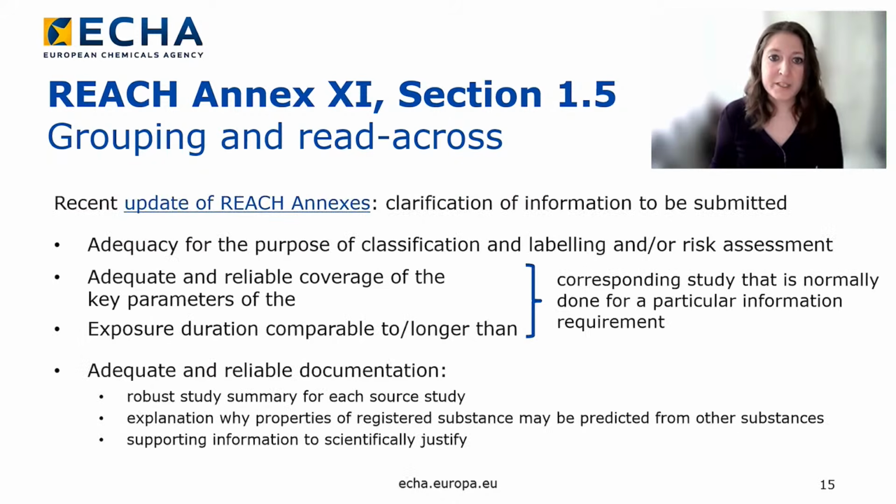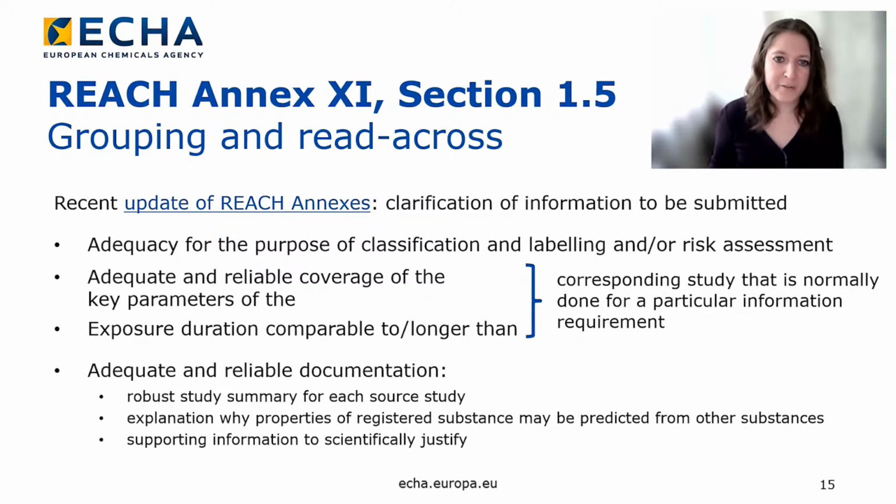There has been a recent update of REACH annexes to clarify the information that needs to be submitted, also for read-across in Annex 11. Overall, the information needs to be adequate for the purpose of classification and labeling and/or risk assessment. The results should cover the key parameters and the exposure duration of the study that should normally be performed for an information requirement.